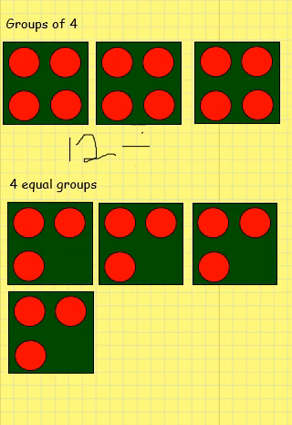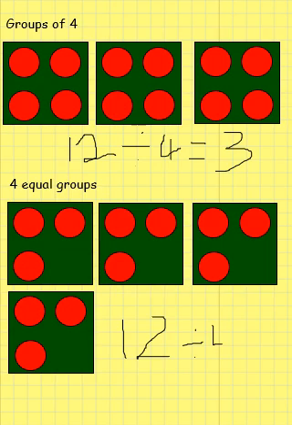So 12 divided by 4 equals 3. And here the 3 represents the number of groups. Here we've got 12. We've divided them into 4, which gives us a total of 3. However, this time the 3 represents the number in each group.